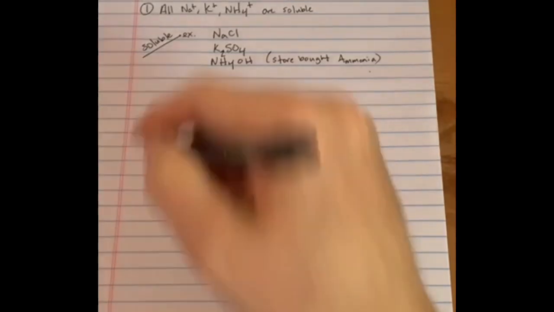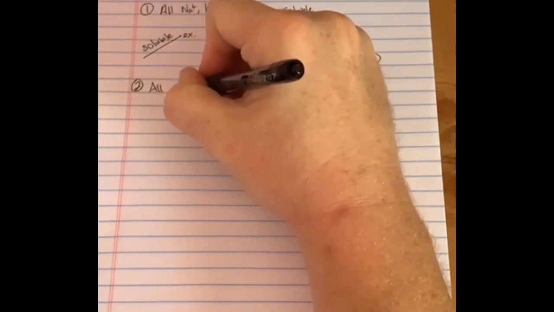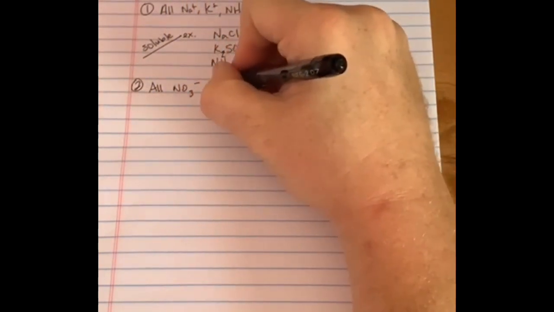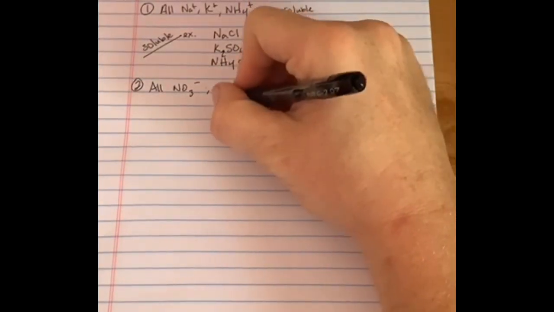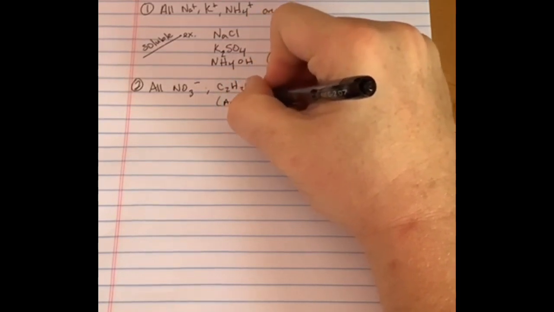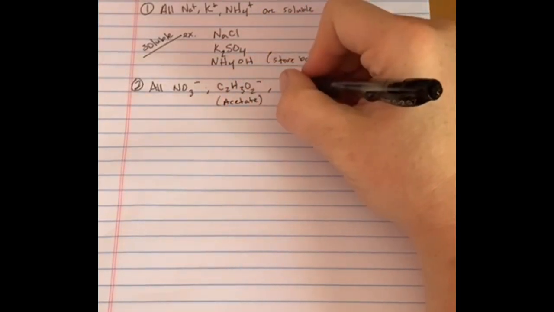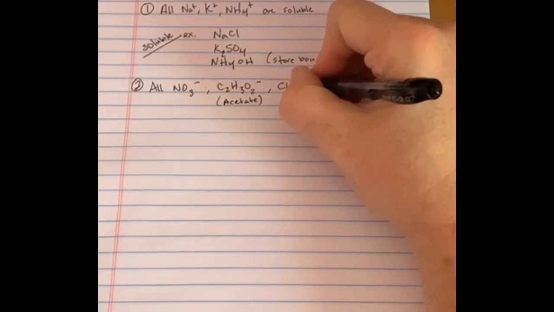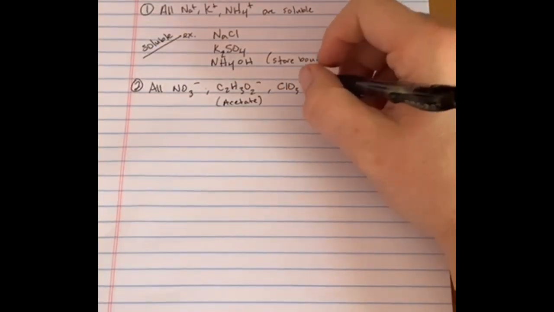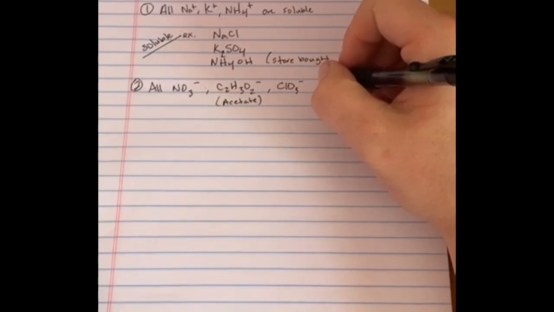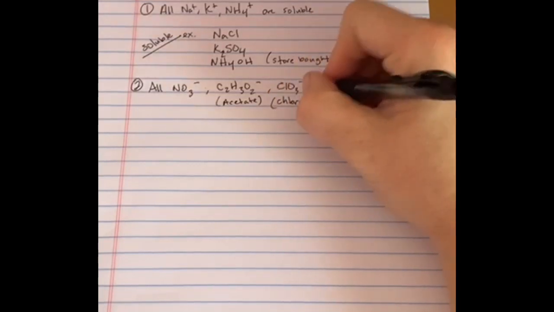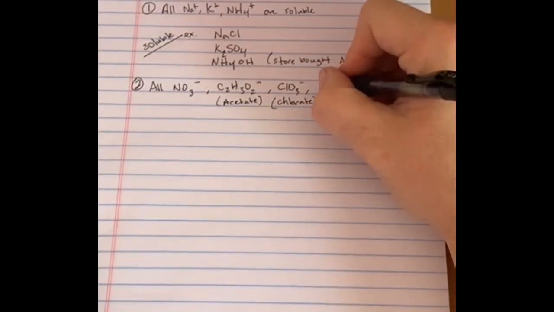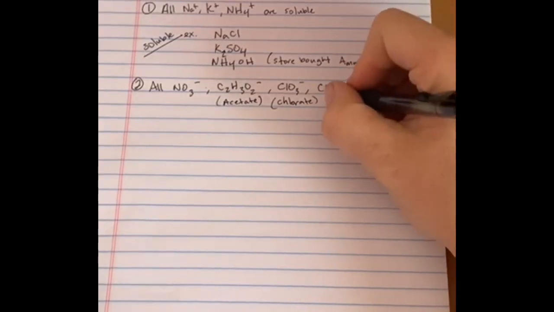The next rule is all NO3 minus, which is nitrate, C2H3O2 minus, which is called acetate, ClO3 minus, which is chlorate, I'm off my chemistry game this morning, and ClO4 minus, which is called perchlorate.